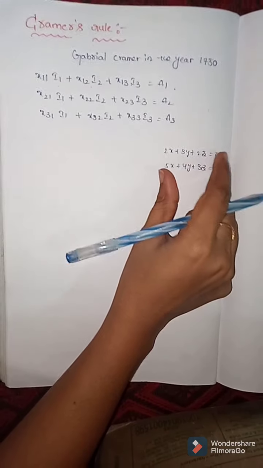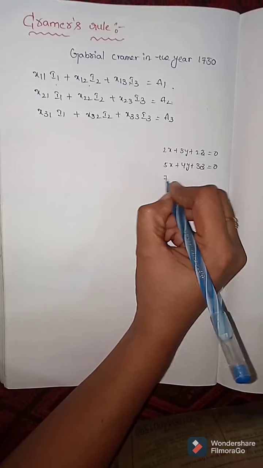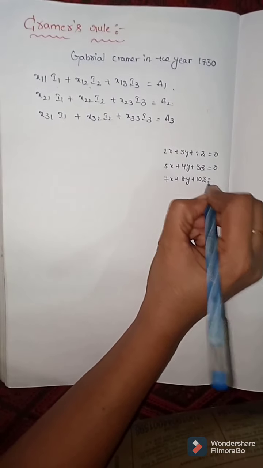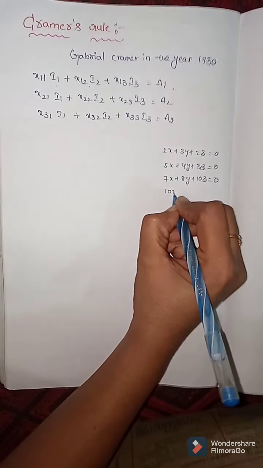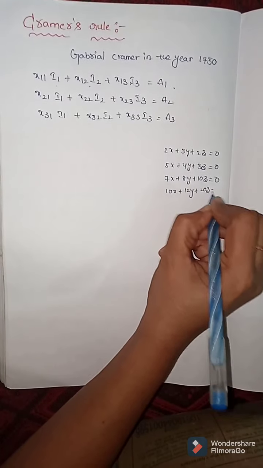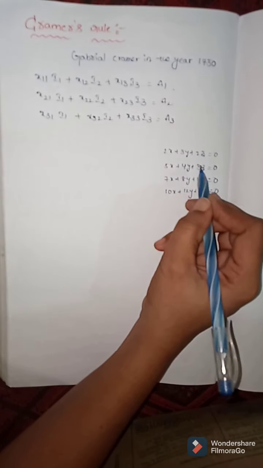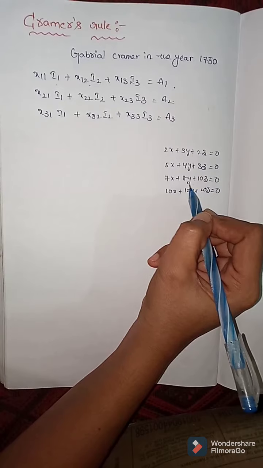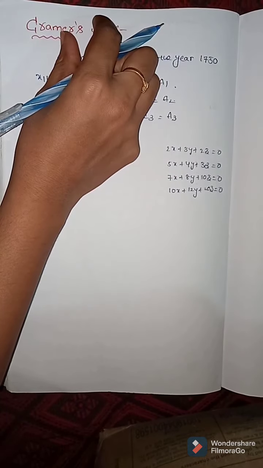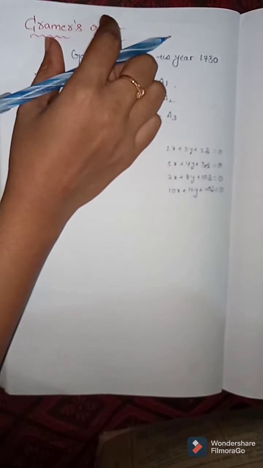But with more equations, like 7x plus 8y plus 10z is equal to 0 and 10x plus 12y plus 20z is equal to 0, here four equations are there. These types of equations we can easily solve by using Cramer's rule. This is the main purpose of Cramer's rule.